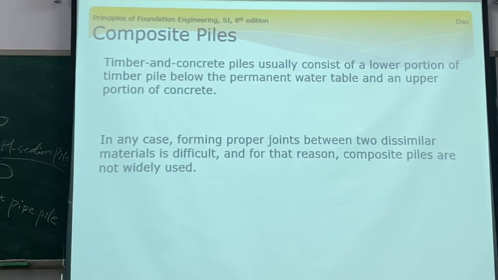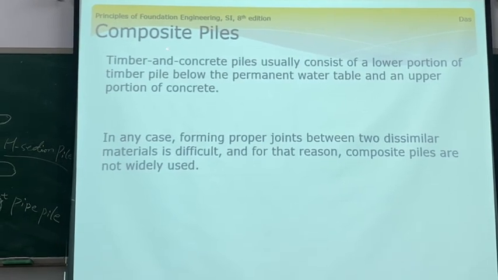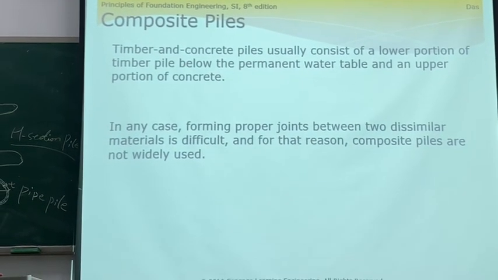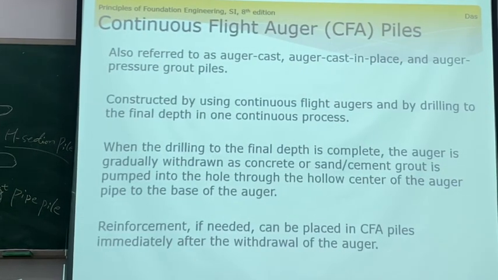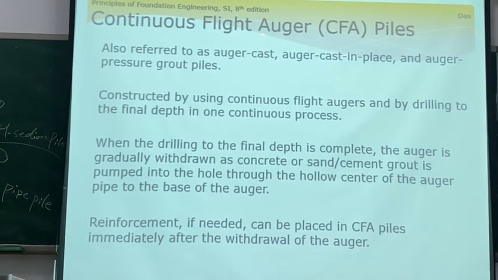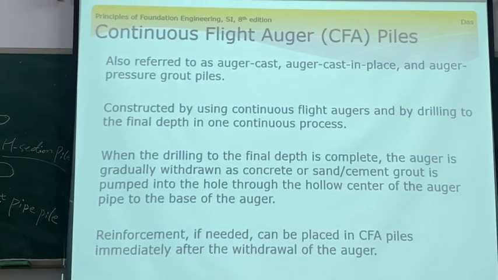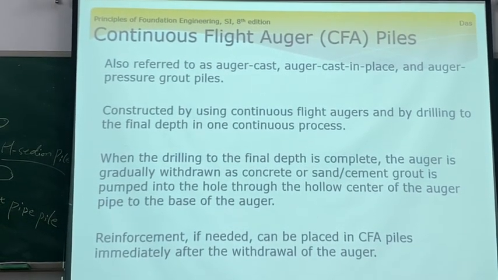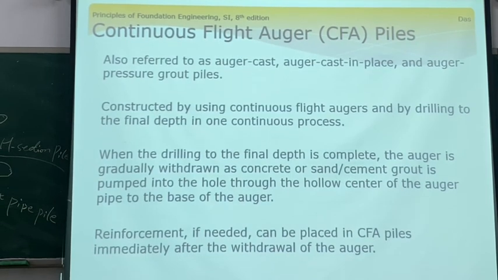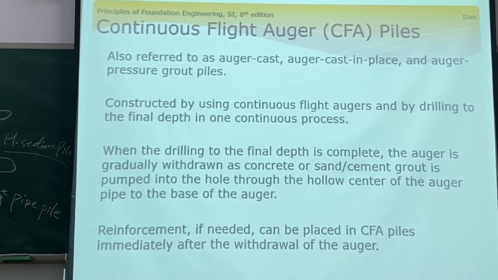Another type is our composition piles. Another continuous fluctuating pile. This is another uses the materials of the concrete and aggregates.